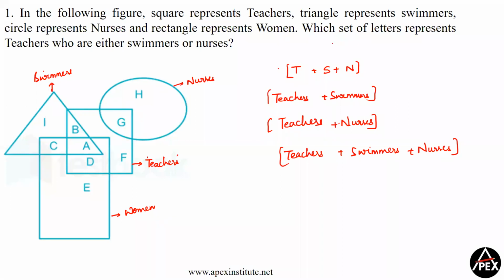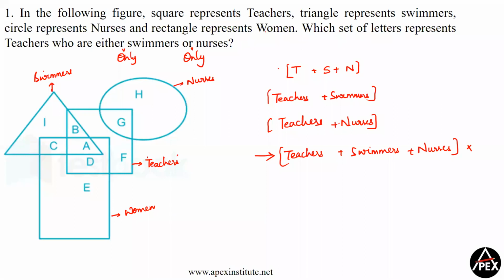If it is given that who are either only swimmers or only nurses, then we cannot consider this. But teachers who are either swimmers or nurses, in these types of statements, we need to consider them. If the question is asked about teachers who are either only swimmers or either only nurses, then you should not consider this.